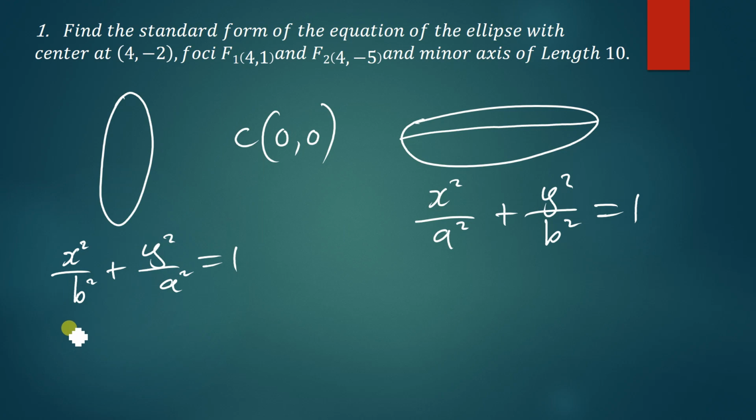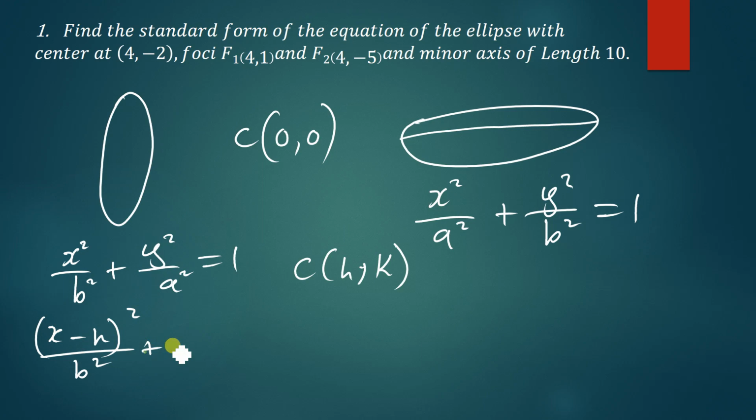And if the center is (h, k), meaning if the center is defined by a certain coordinate, then the equation will be (x minus h) squared over b squared plus (y minus k) squared over a squared, equal to 1.